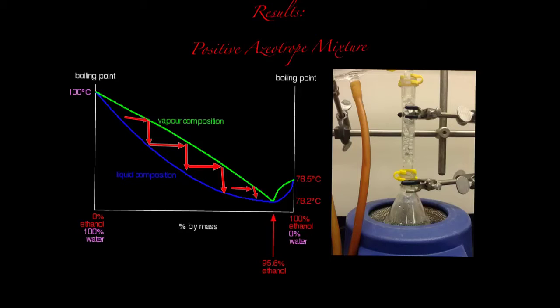So why the lower boiling point with this specific mixture? Our ethanol mixture is known as a positive azeotrope. Azeotropes are labeled as positive or negative, referring to their lower or higher boiling points, respectively, depending on if the compounds exhibit a lower boiling point or a higher boiling point when compared to their constituents.